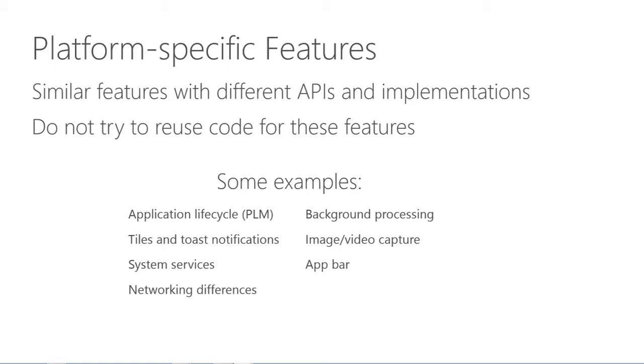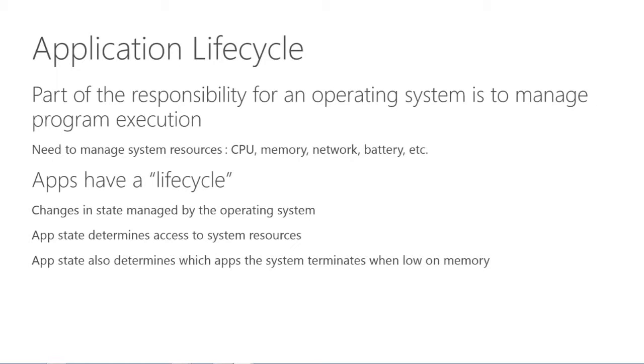In fact, these things are quite different, and so we're going to talk about the similarities as well as the differences between them. In many cases, you're going to have to avoid reusing code here because the features are very different. So you'll have to separate that code into platform-specific files or platform-specific code. Again, we're going to talk about that in a few minutes.